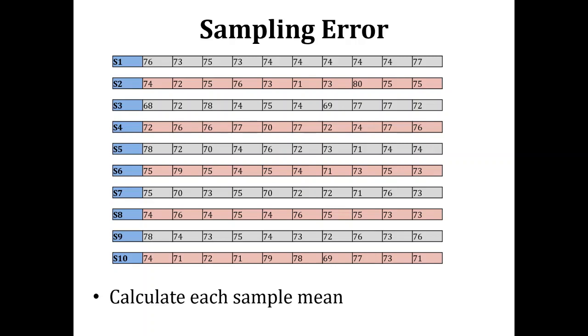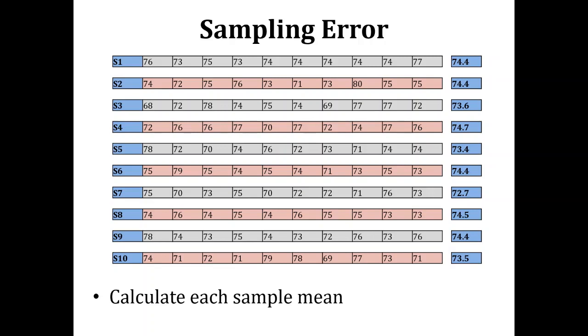So here we have taken an example, in which we have taken 10 smaller samples from the same population for the same variable, and you can see that each of these samples has 10 observations, right? Now we are going to calculate the mean values for each of these samples, from sample 1 to sample 10.